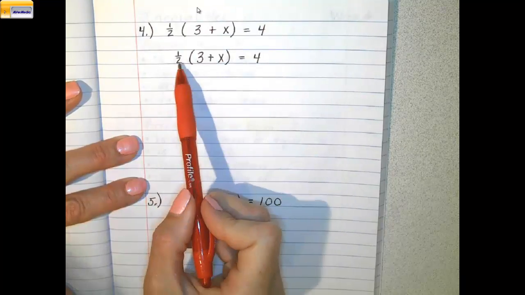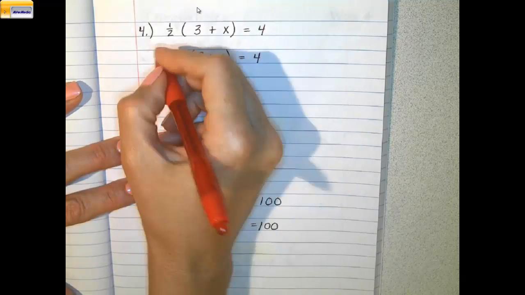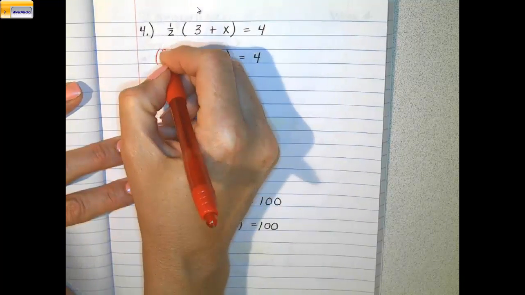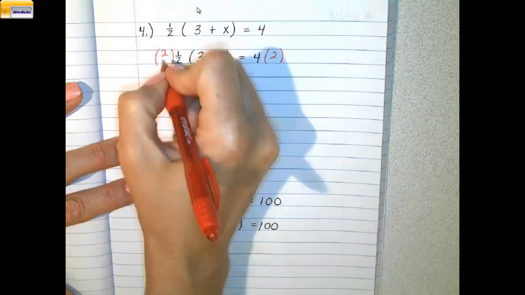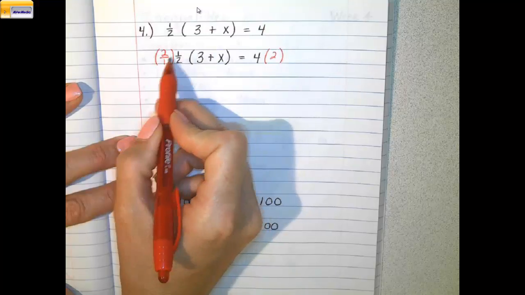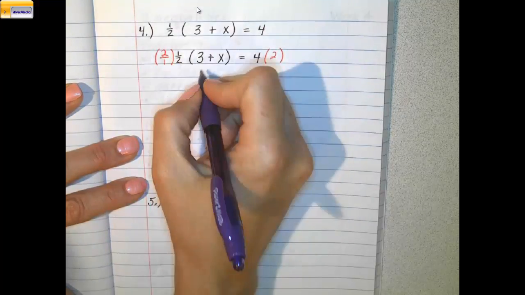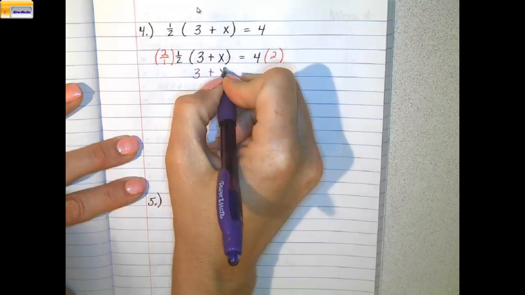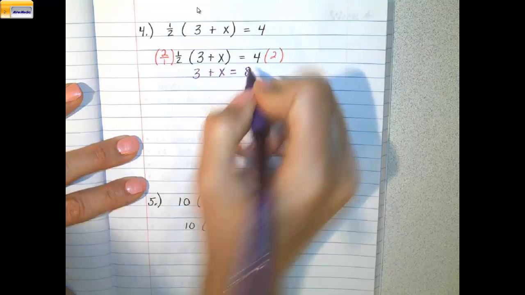So if I have a half and I want to get rid of a half, I could multiply both sides by 2. Some of you would like to think of this as multiplying by 2 over 1, because 2 times a half cancels out to be 1, and I would be left with 3 plus x equals 4 times 2, which is 8.